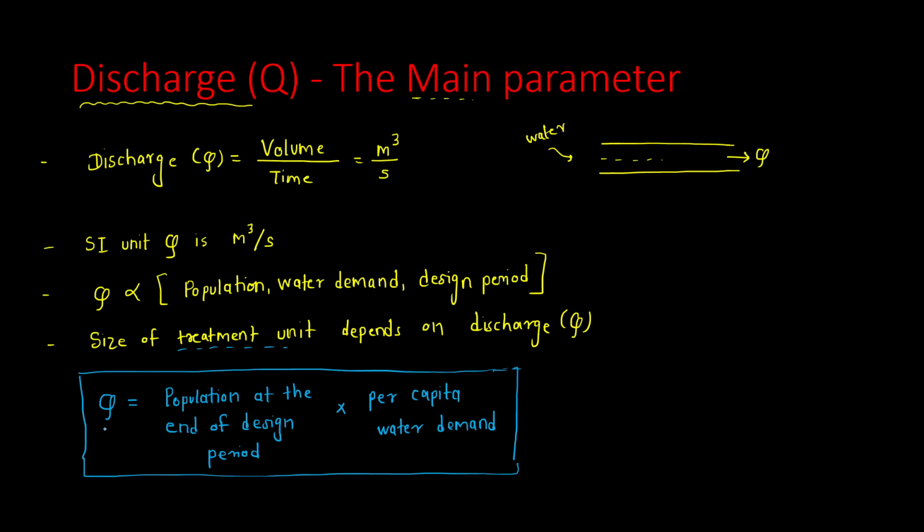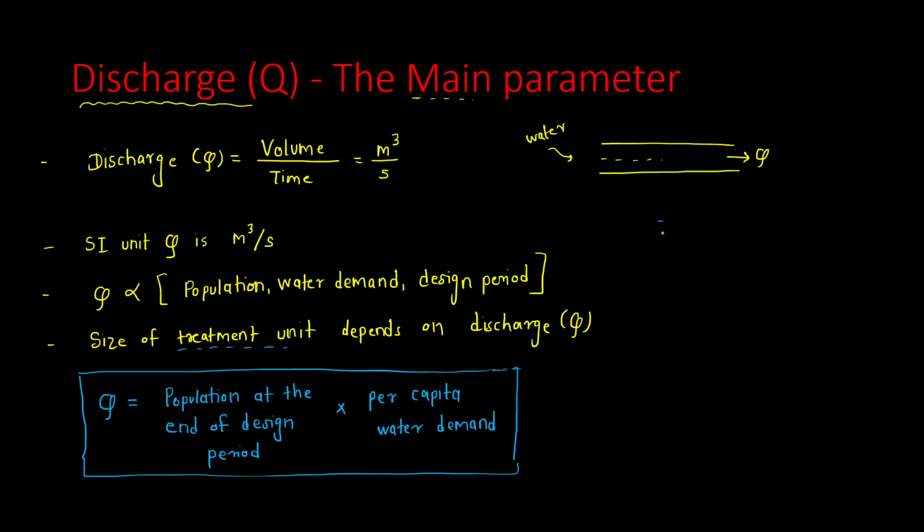We have to calculate discharge by the product of population at the end of design period and per capita water demand. So what is the meaning of per capita water demand? Let's take your example. What is the amount of water that is required by you in one total day? So in one day, how much water you are consuming, that is nothing but the per capita demand.